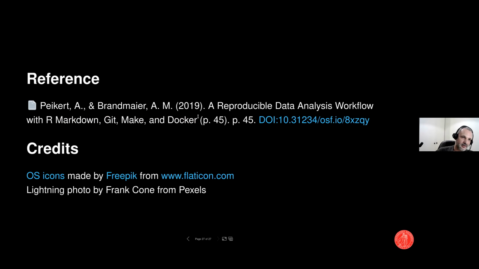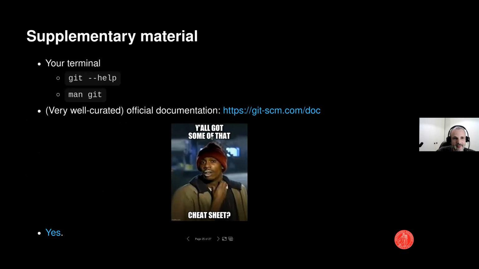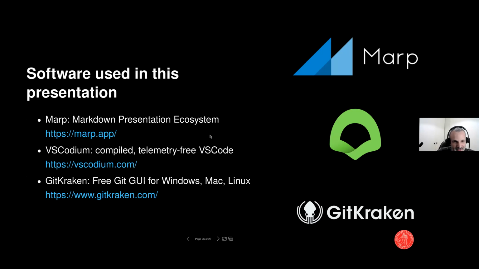So it's a nice companion, and it was a nice way to complement the seminar. Those operating system icons I got from Flat Icon, the lightning photo from some guy on Pexels. What else? And yeah, that's it. I think I skipped a slide. Okay, there you go. I was confused.